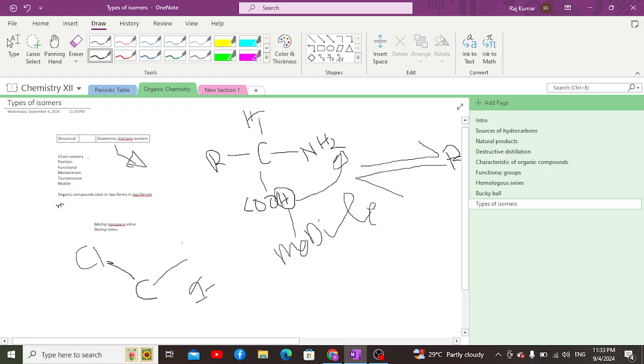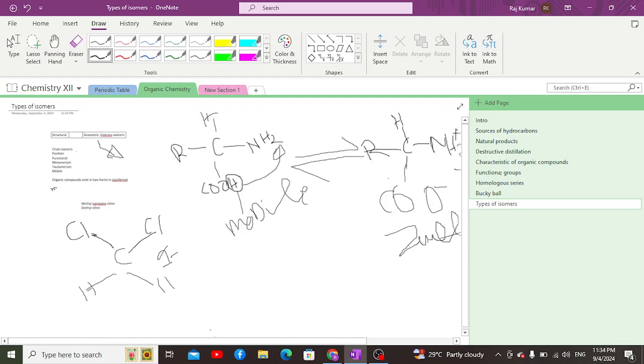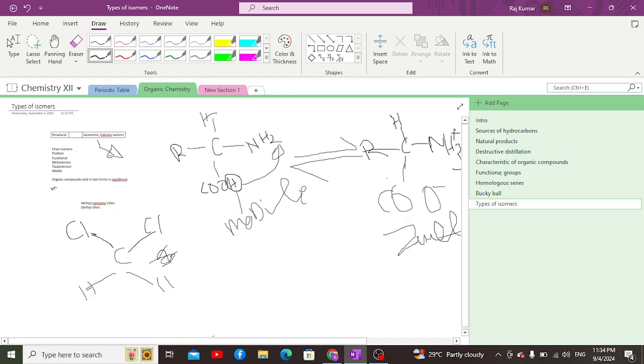Let's suppose this is a 2 chloropropane. It is having two functional groups, which are known as the chloride functional group or the halide functional group. This is CH3. This is CH3.